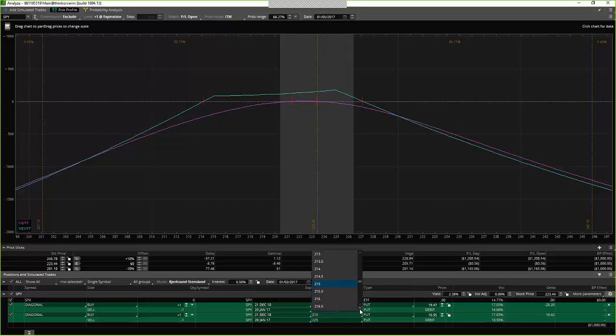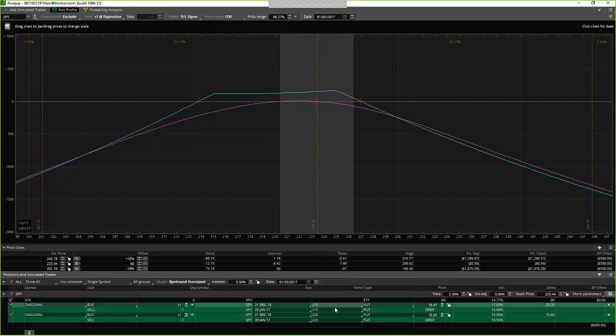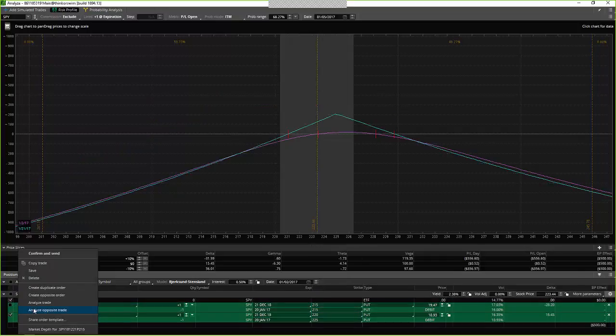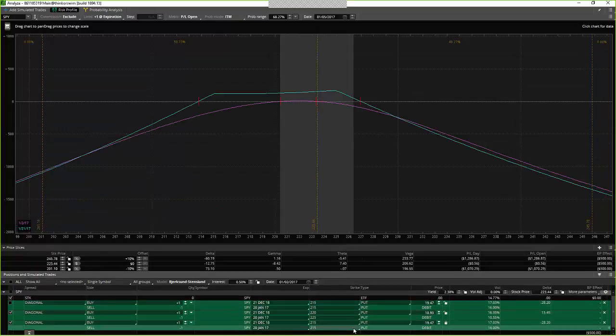Would that help any? Take a look at our Greeks. Now, let me leave that at 220. And you know what? Let's make this a calendar at 220. Let me leave that one there. Make another one. Let's move it both up to 220.